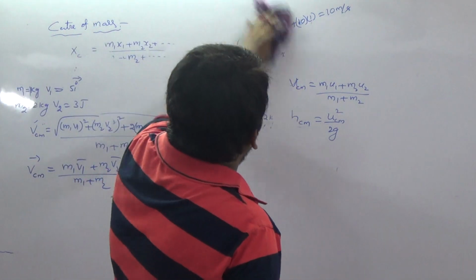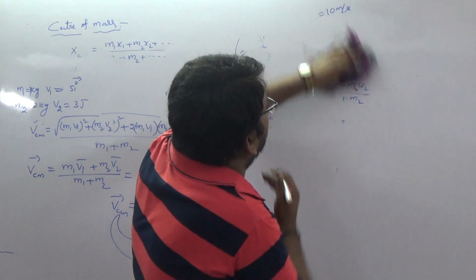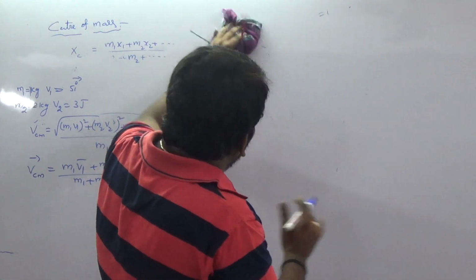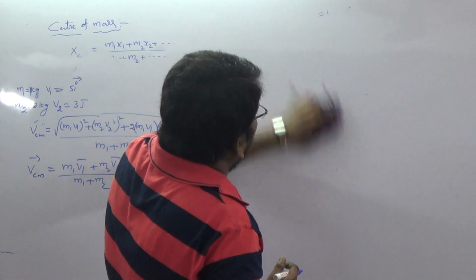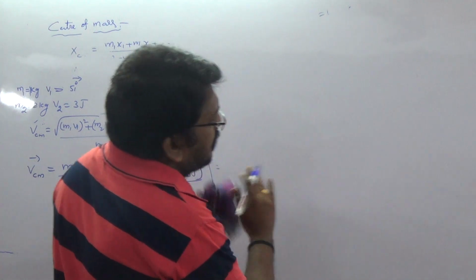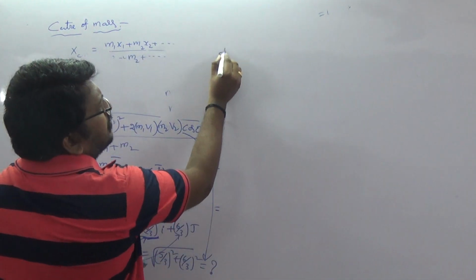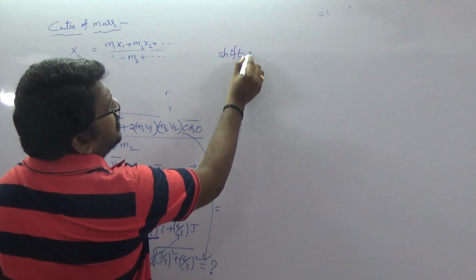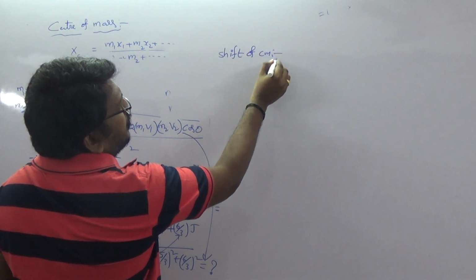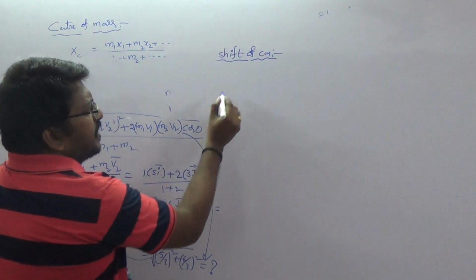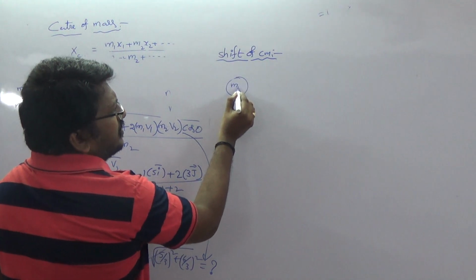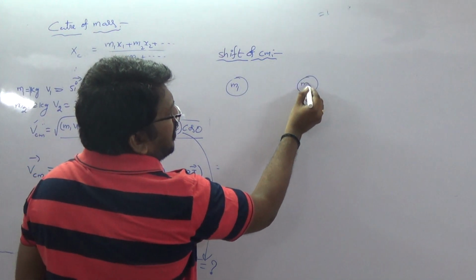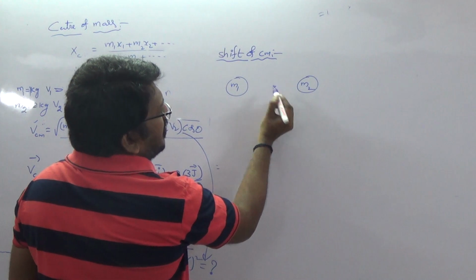So in this way, the center of mass changes. The position of the center of mass changes when the particles are displaced from one position to another. That means you can simply say shift of center of mass. For example, a particle of mass m1 and one more particle of mass m2, with the center of mass at this point.